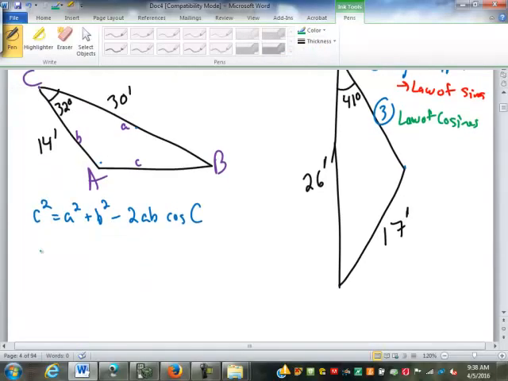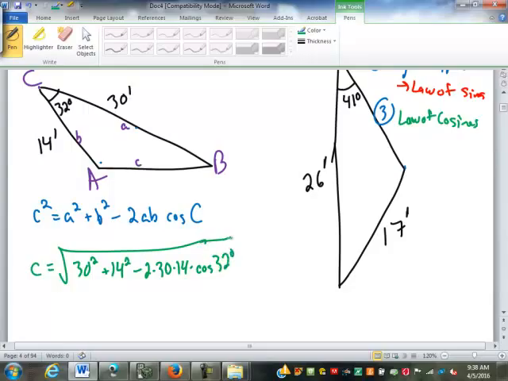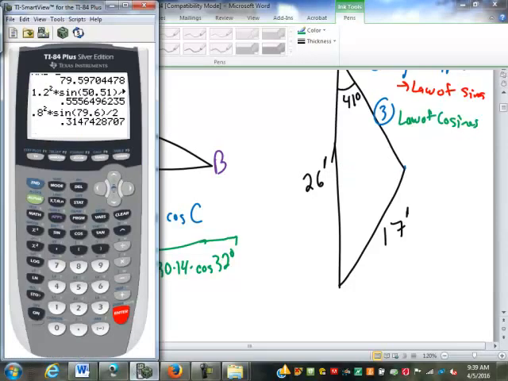So to find side C here, it's going to be the square root of 30 squared plus 14 squared minus 2 times 30 times 14 times the cosine of 32 degrees. Did you catch all that? Does that look familiar? So I'm going to punch it into my calculator.